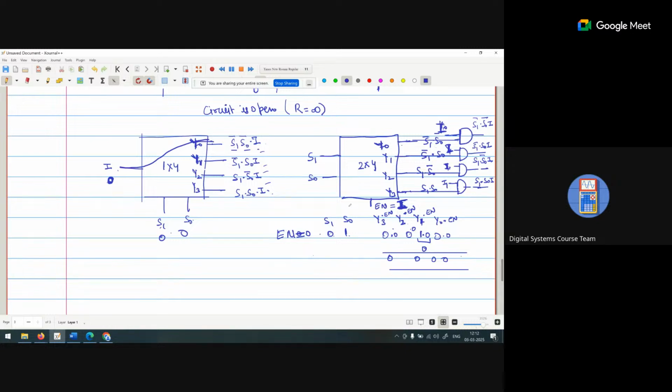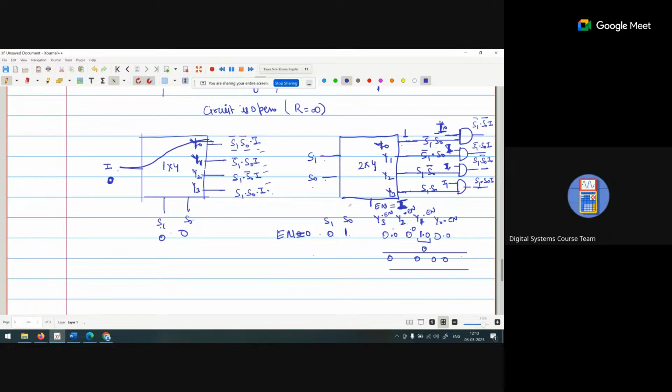In the case of the decoder, on the basis of the select line, if the select line is 0 0, we are simply getting a 1 here. It means that when S1 and S0 are 0, only the Y0 pin gets 0 value and the others get value 1.